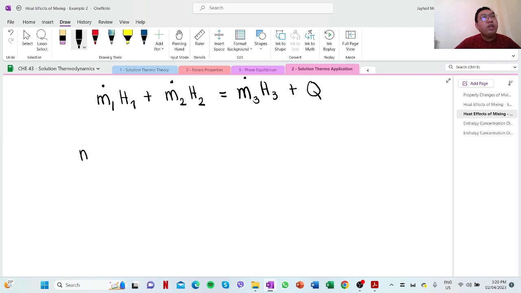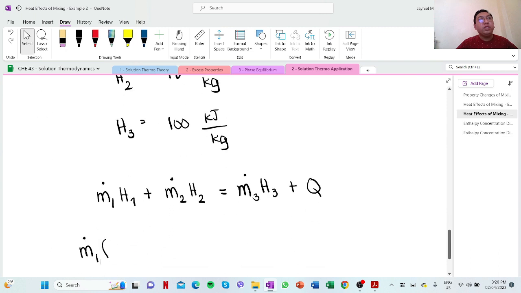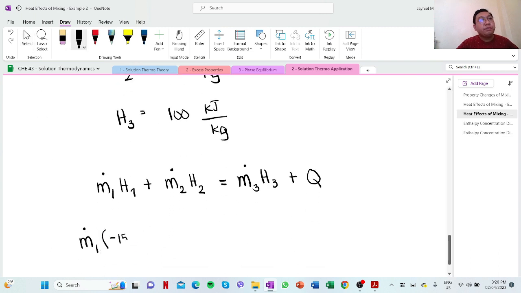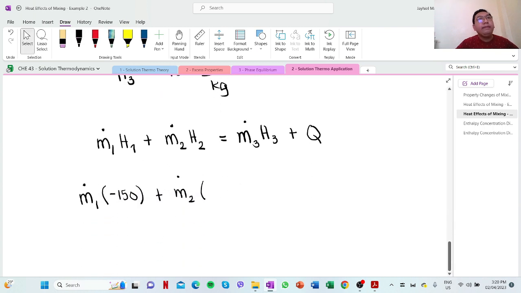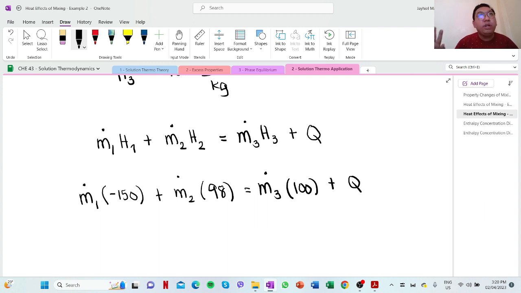I don't know the value of M1 dot, but I know the value of H1, which is negative 150. M2 here is also unknown. The data is positive 98 kilojoules per kilogram. I will not write the units anymore so that I will be faster in terms of solving. But if you are my student or if your teacher requires you to write everything, all the units, you have to write everything.